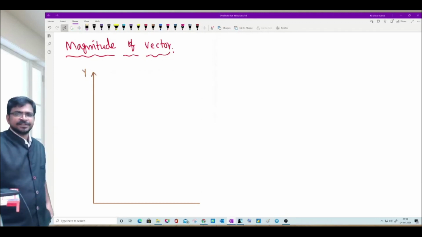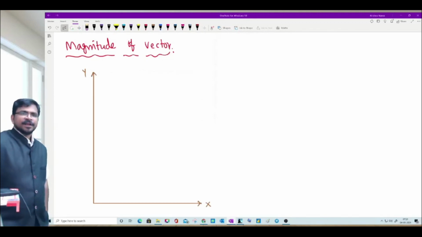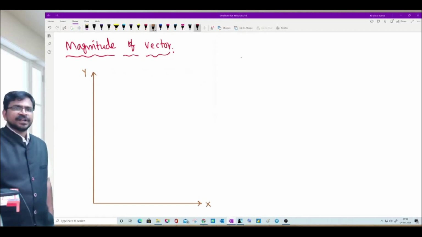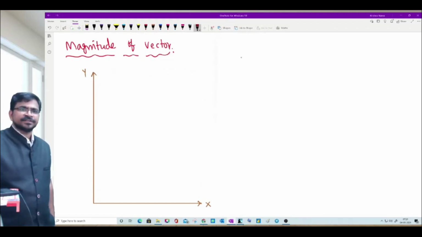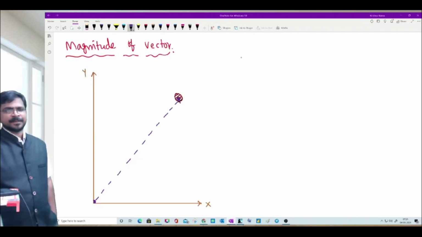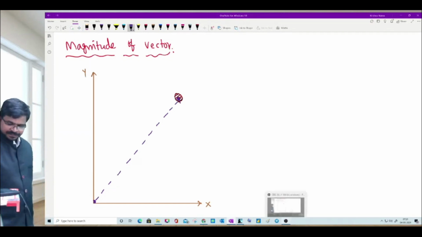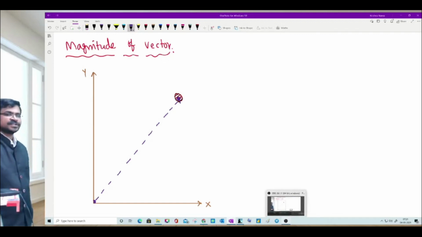This is the y-axis and this is the x-axis. Let me take our object again, your favorite ball, and let us take a vector from the origin as usual. Now, what is meant by magnitude according to our basic discussion?